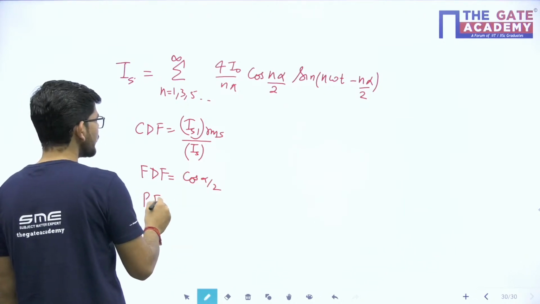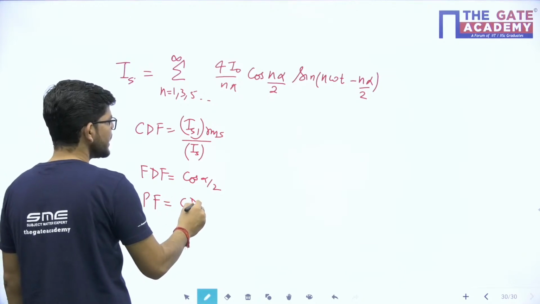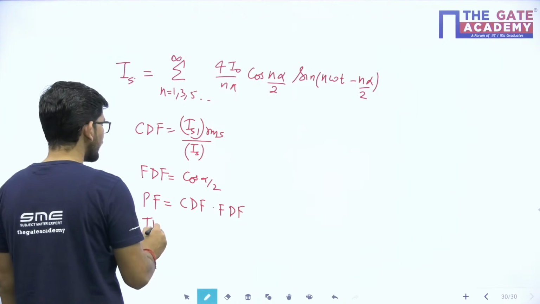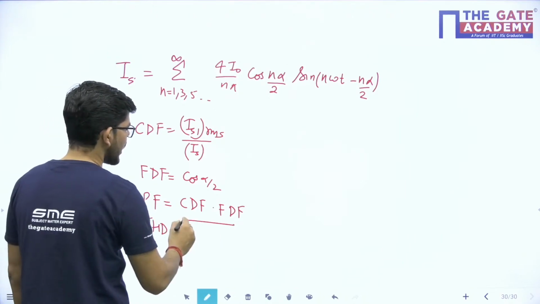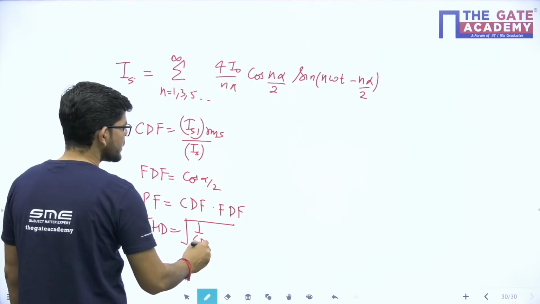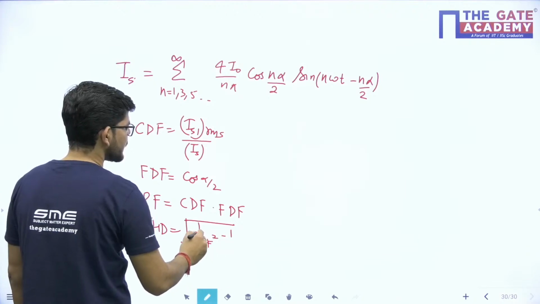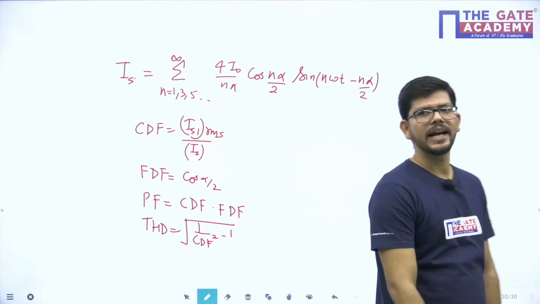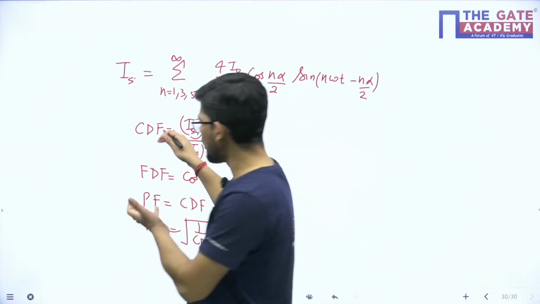Then you can calculate power factor, which is equal to CDF into FDF. And after that you can calculate the THD, which is equal to under root (1 upon CDF square minus 1). So by knowing this particular Fourier series, you can calculate all the related things.